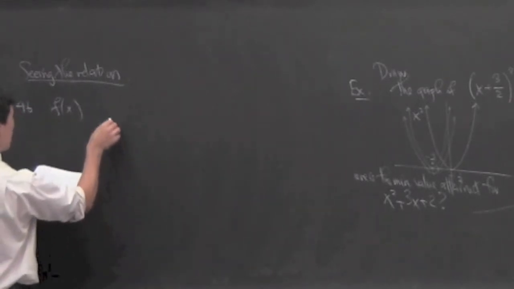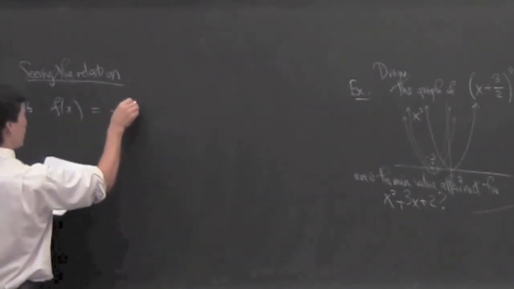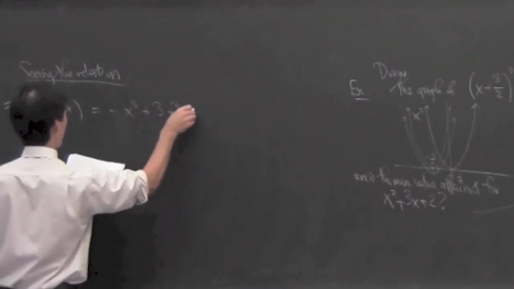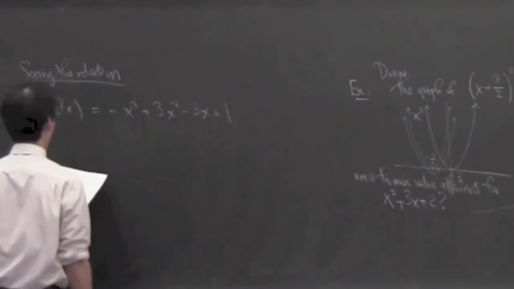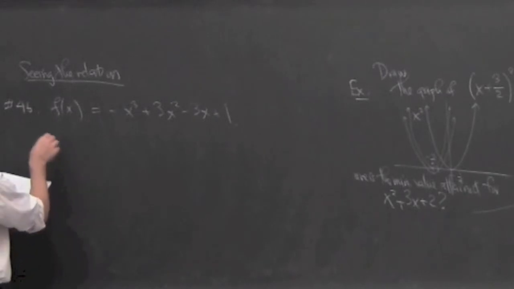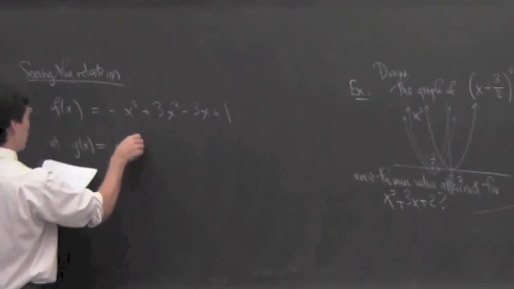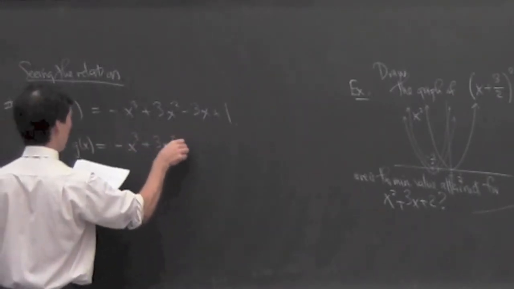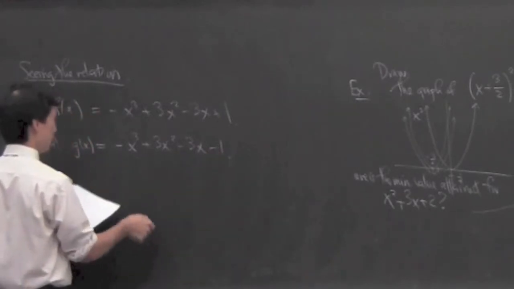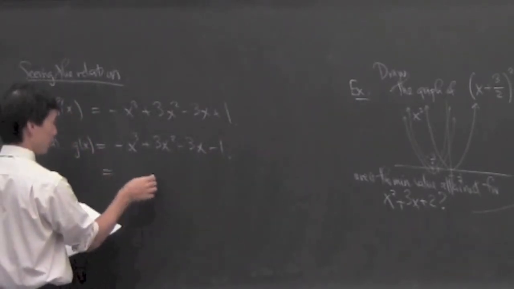You start off with the function f of x is negative x cubed plus 3x squared minus 3x plus 1. And they give you a function g of x is negative x cubed plus 3x squared minus 3x minus 1, and they say express it in terms of f.